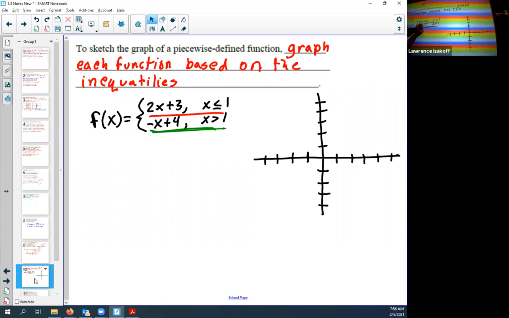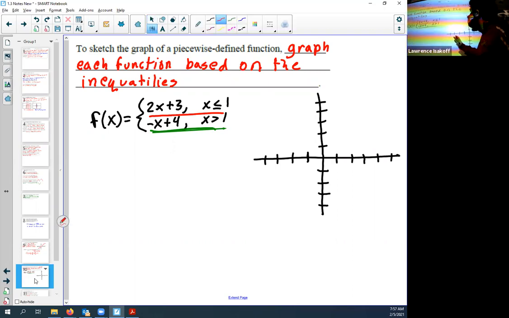So here with this, my first function is a linear function. You can start at the y-intercept of 3, and then it goes up to over 1. Now, x is equal to 1 is right here.